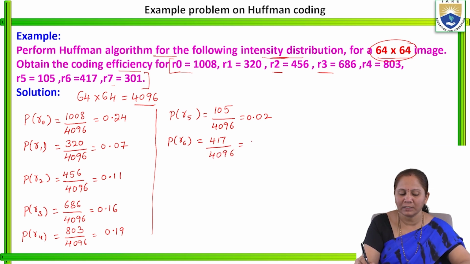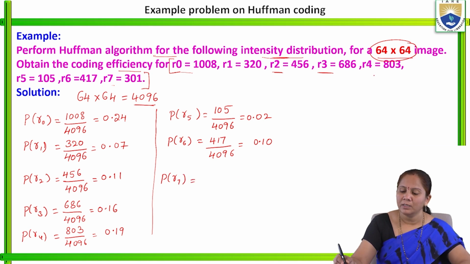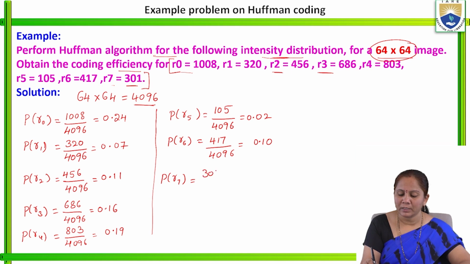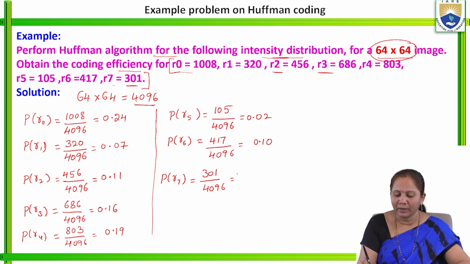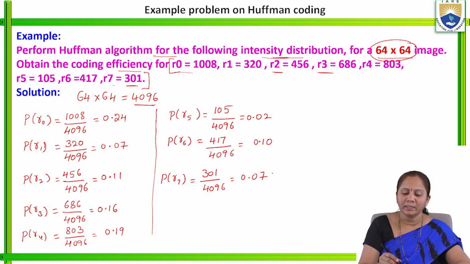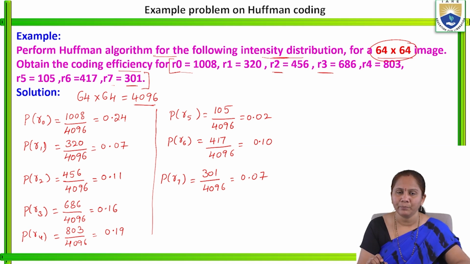We will get P of R6 as 0.10. And next, P of R7. Here the R7 value is 301, so 301 by 4096. We will get P of R7 as 0.07.